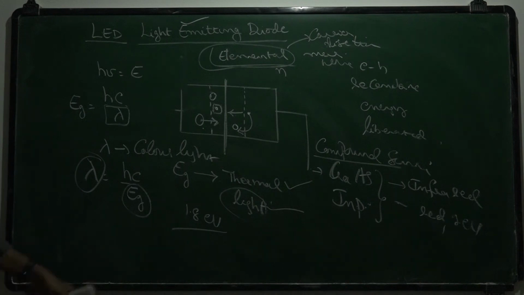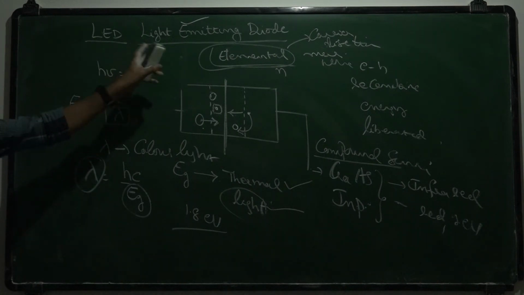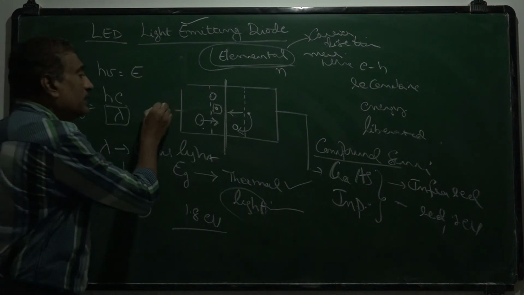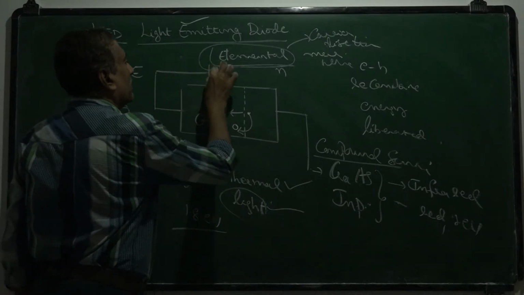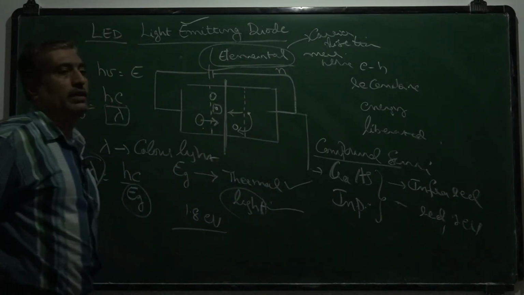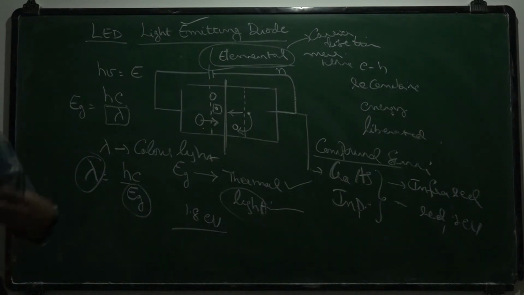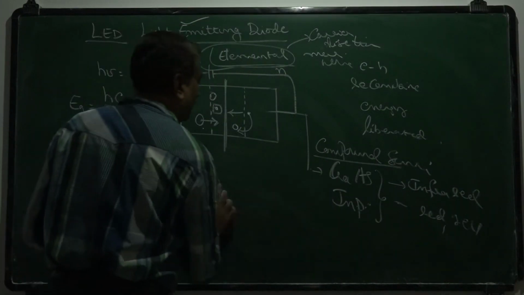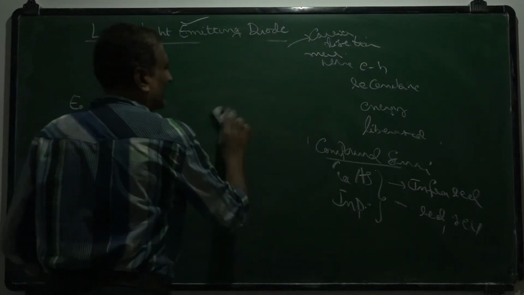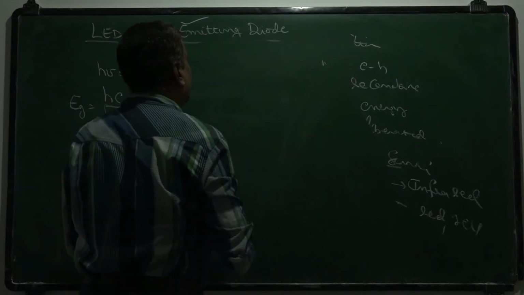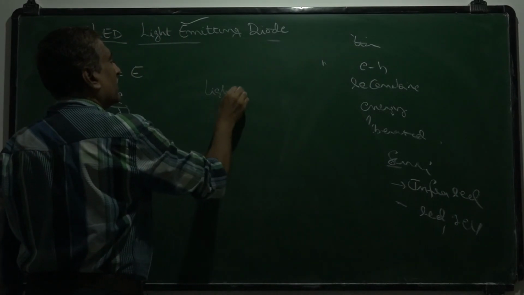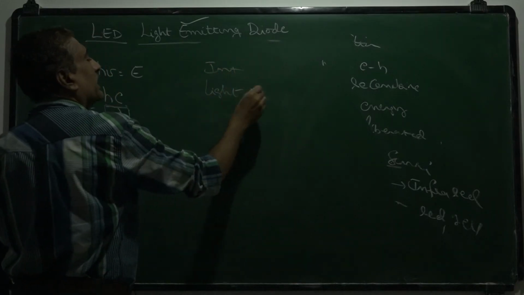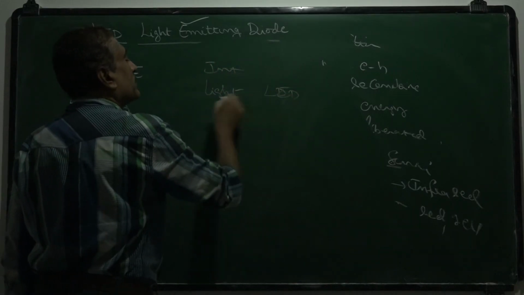Okay. And this LED is always to be in forward bias. To get more intense light, the intensity of light emitted by this LED depends upon the forward current.